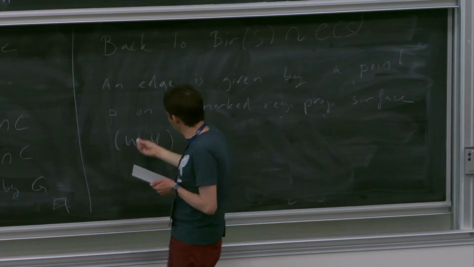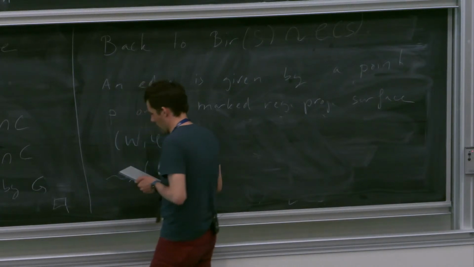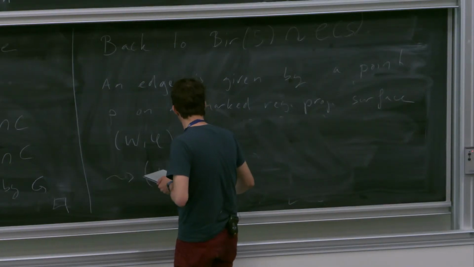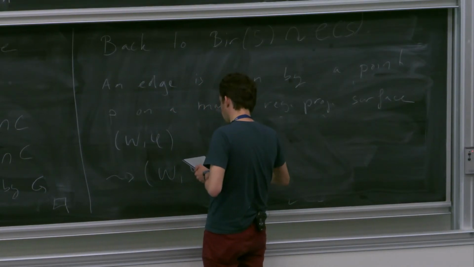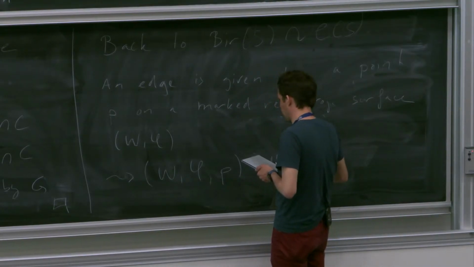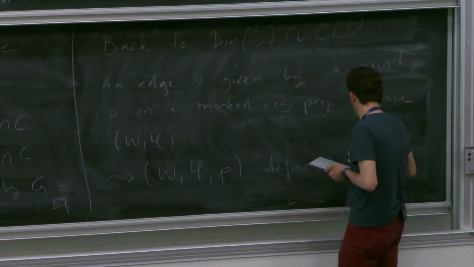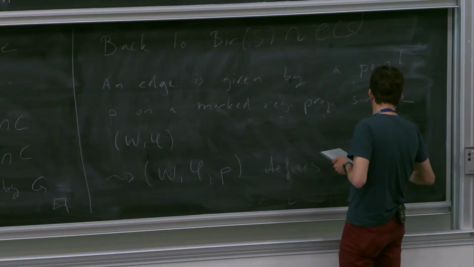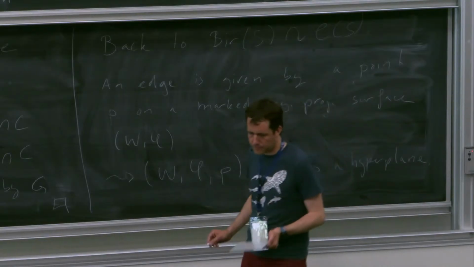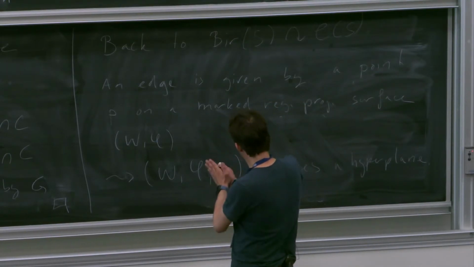So basically, if we have such a triple, regular projective surface W, marking phi, and a point P, then this defines us a hyperplane. Because we have an edge and hence a hyperplane.